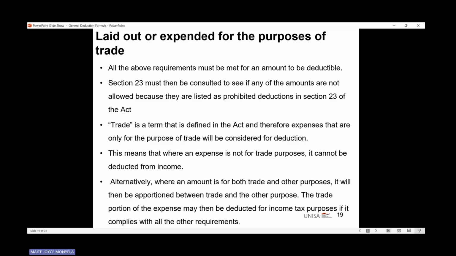The trade portion of an expense will be deducted for income tax purposes if it complies with all the requirements.